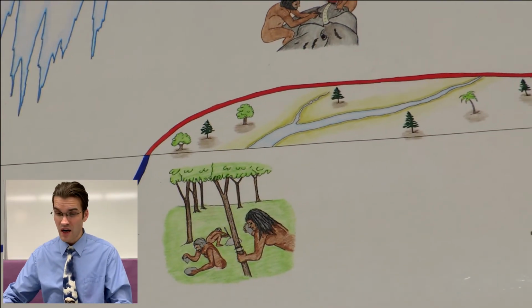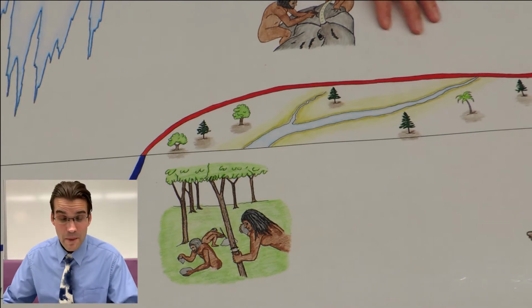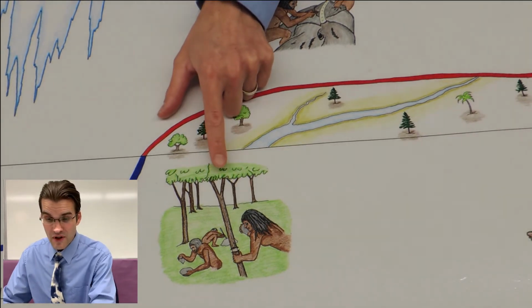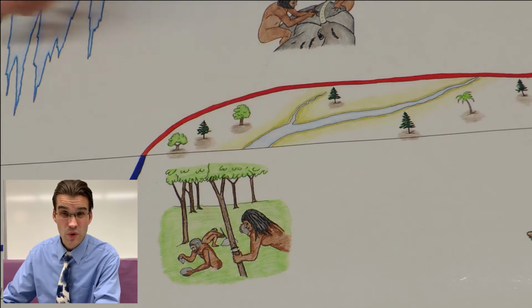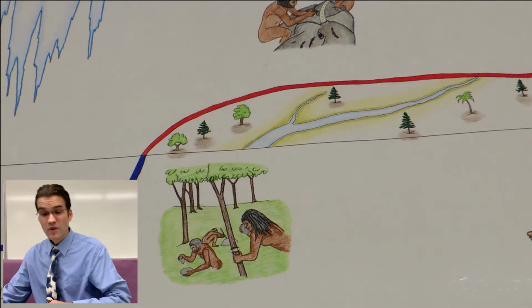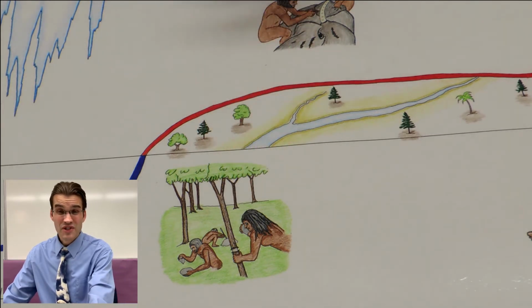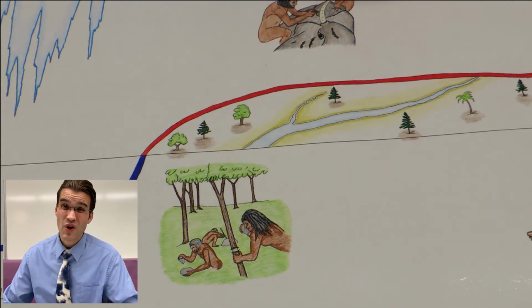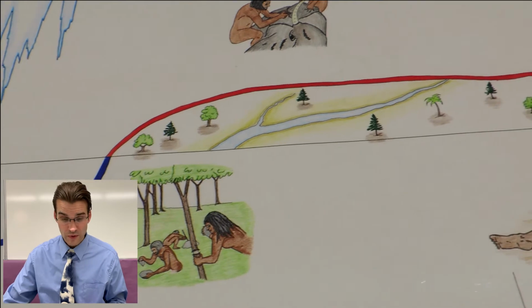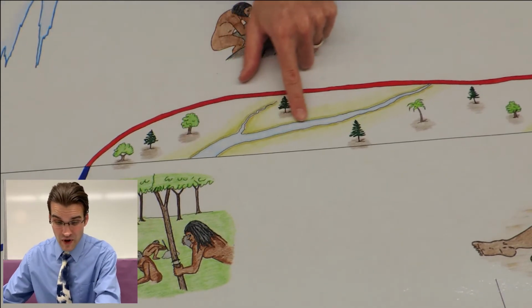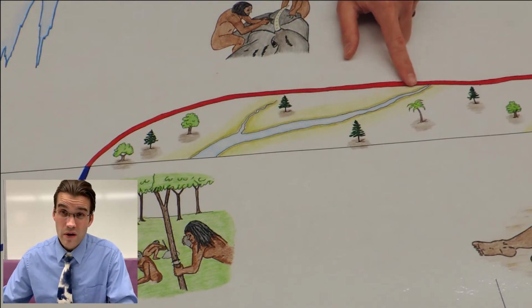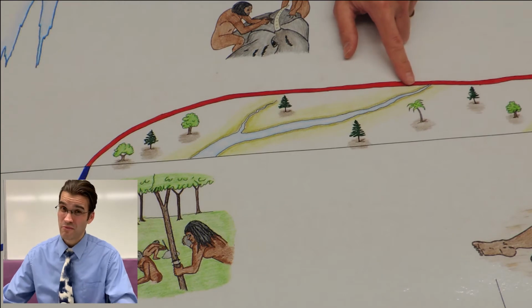Now, as we move on, we see something else starting to happen here. The humans are starting to use some of their tools to meet their fundamental human needs a little bit better. Sticks and wood and stones prove to be very useful. Now, what we notice here is the water. Now, water was very important.